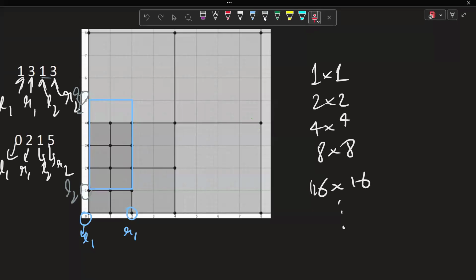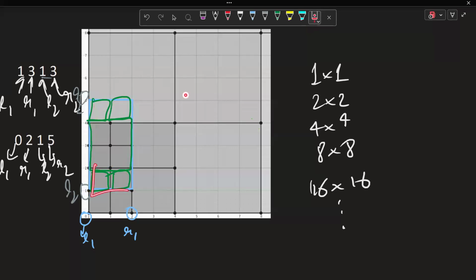The best way is to take this 2 cross 2 square. Take this 2 cross 2 square, this 1 cross 1, this 1 cross 1, this 1 cross 1, this 1 cross 1. So in five squares you can cover this whole region. You cannot do it in less than 5.